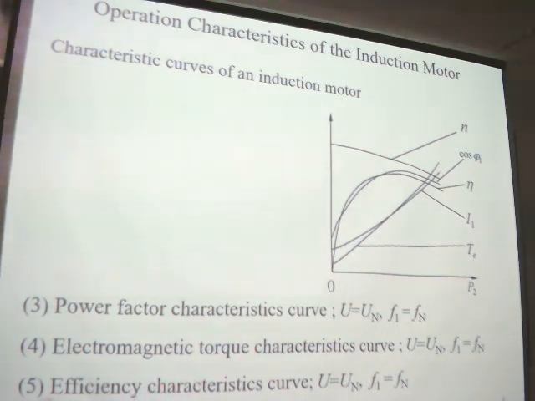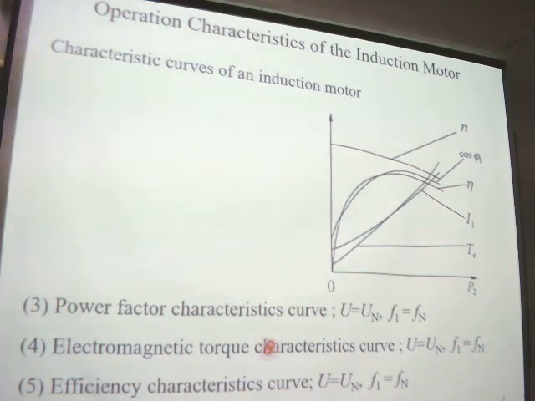And the last is the efficiency curve. This one is the efficiency. So these are the five characteristic curves of the induction machine.